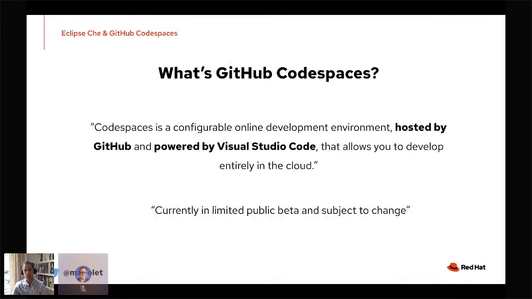They say that it's a configurable online development environment hosted by GitHub and powered by Visual Studio Code that allows you to develop entirely in the cloud. So that means that it runs in the cloud. It's hosted by GitHub, but it's actually Visual Studio Code running in the backend, and then you access it through your browser. Currently, it's in limited beta, and it's subject to change.